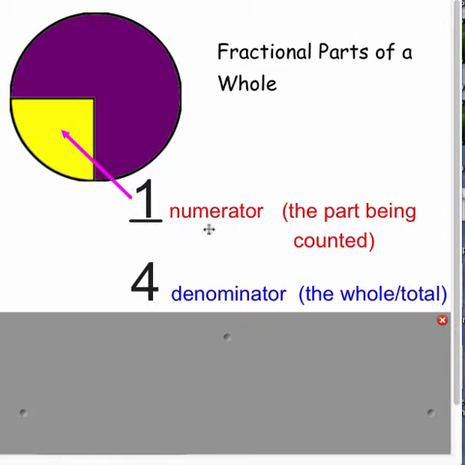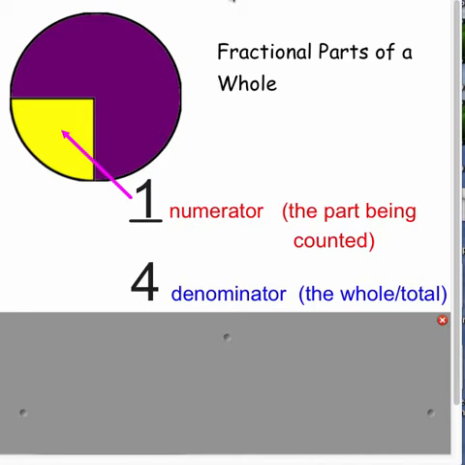We have a numerator, that's the top number, that's the part being counted. What I'm counting right now is this yellow section, and there's 1 yellow section. That's my numerator, my top number, 1. The bottom number is what we call a denominator, and that is the whole or the total number of parts in the whole circle.